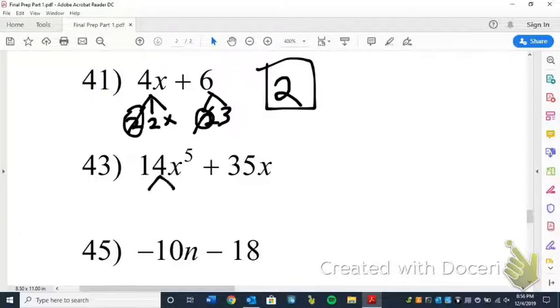So 14x to the 5th turns into 1 times 14, or 2 times 7. We get x times x times x times x times x. So there are 5 of them. So we have 5 x's. Anyway, so 35x, that's 1 and 35. 35 turns into 5 and 7.